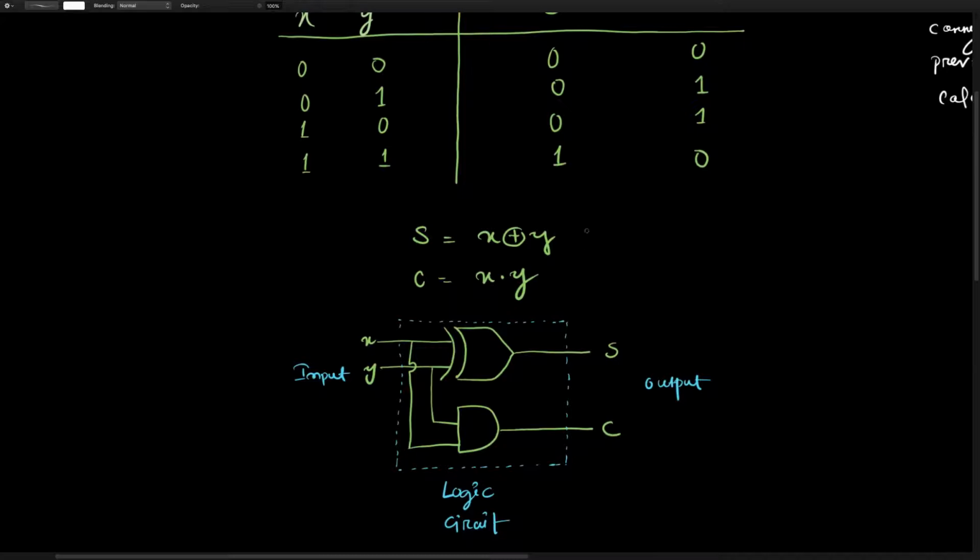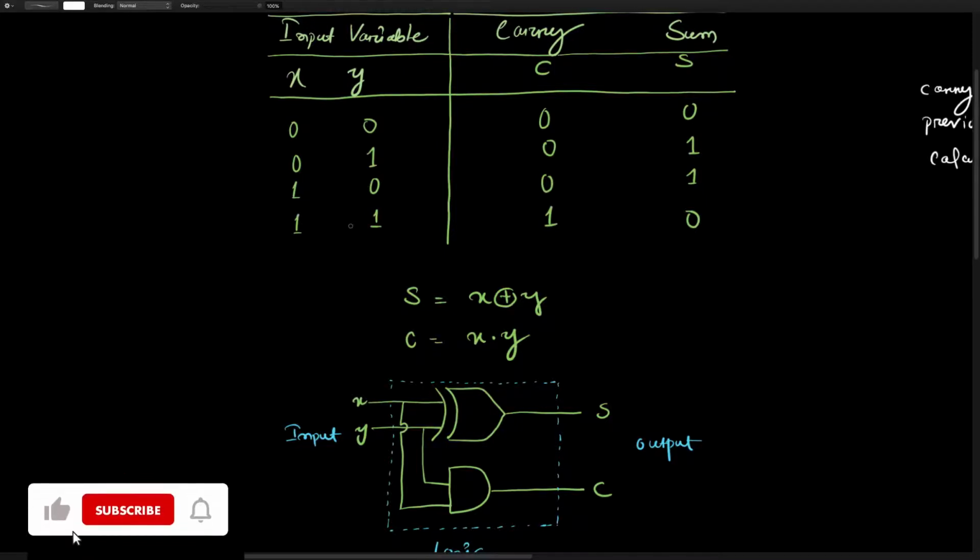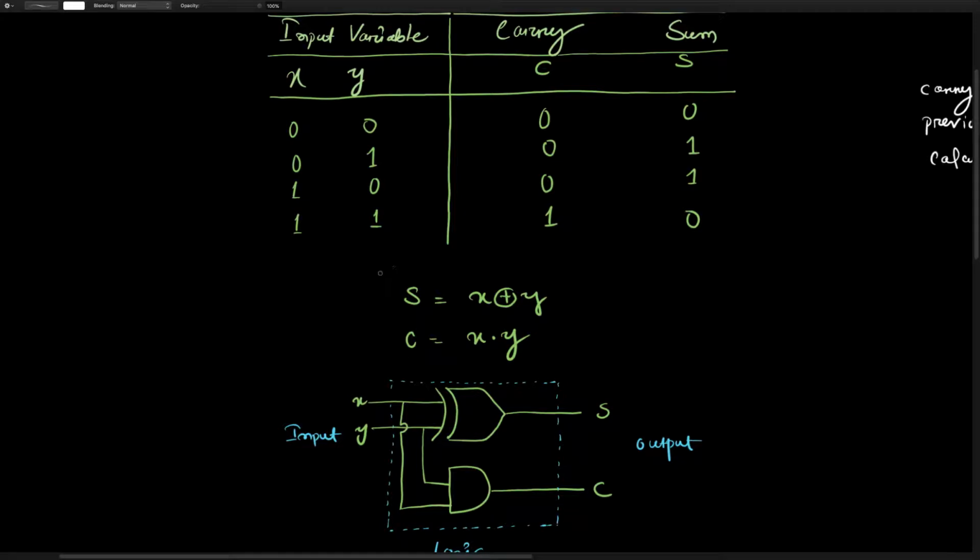We can use a K-map to find the expressions of sum and carry, or by looking at the table we can directly define the function that gives a particular input-output combination. As I told you in the previous class, we can use a K-map, which would be a 2-variable K-map, but it is not practical here because we already have 2 inputs, which is the simplest form.